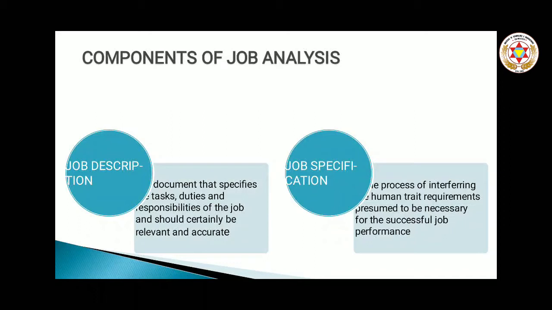Job specification is the process of inferring the human traits requirements presumed to be necessary for successful job performance. In simple words, job specification means the eligibility or qualification, either academic qualification, technical qualification or experience, which is required to perform those particular duties.